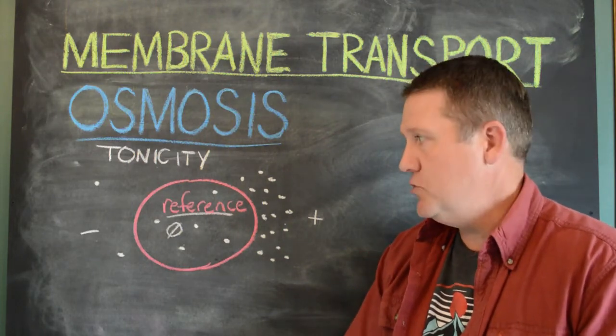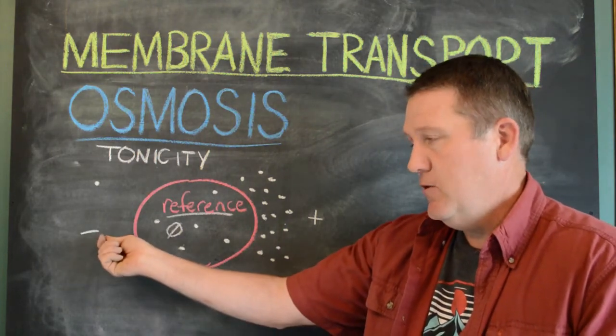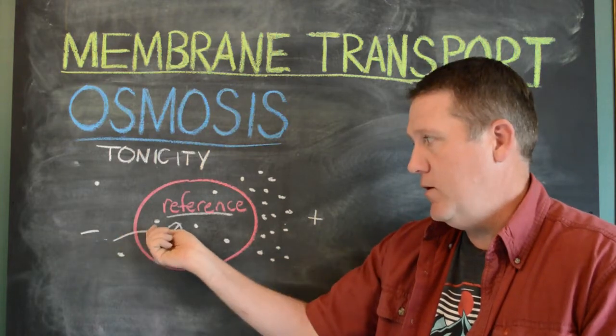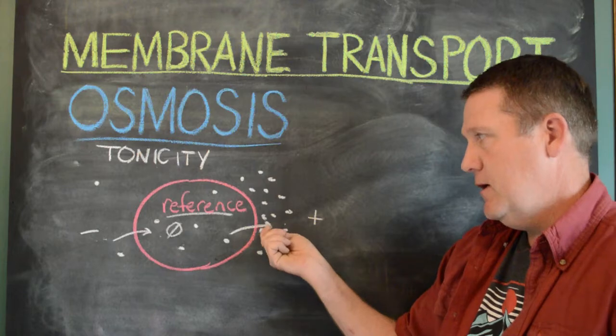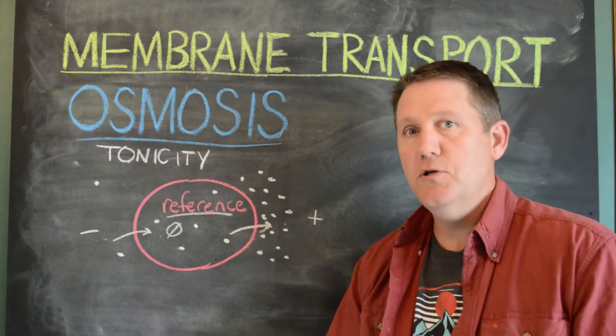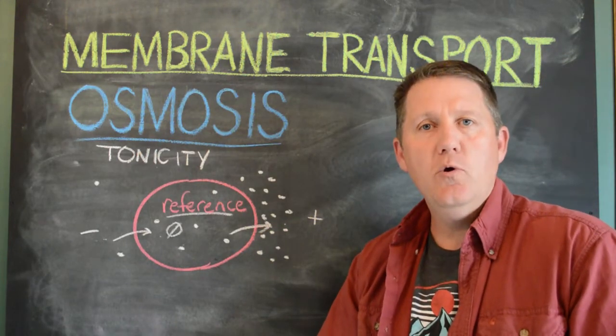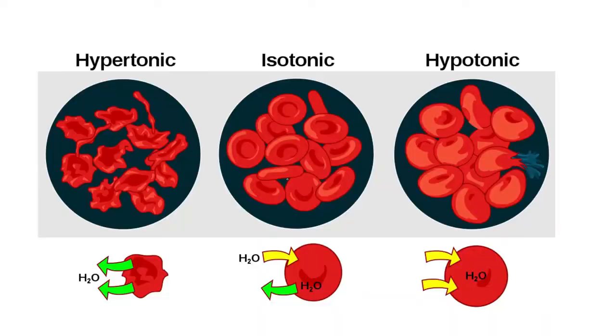Remember, water follows salt. So in this case, there's more salt in here, so the water would come in. In this case, it's going to follow the salts out. Really different results. Let's take a look at that with red blood cells. All right, so here we have three very different looking red blood cells. These in the middle, these kind of weird disc-shaped ones, that's how red blood cells are supposed to look.